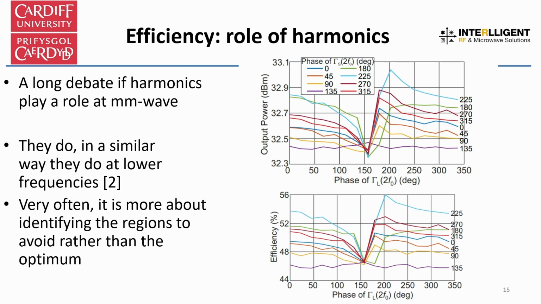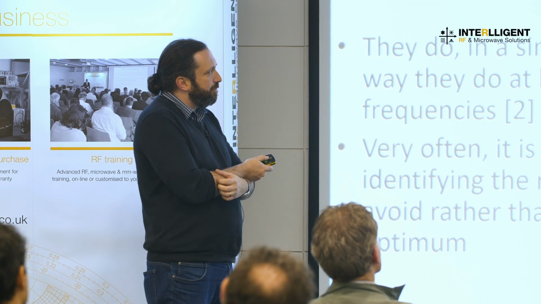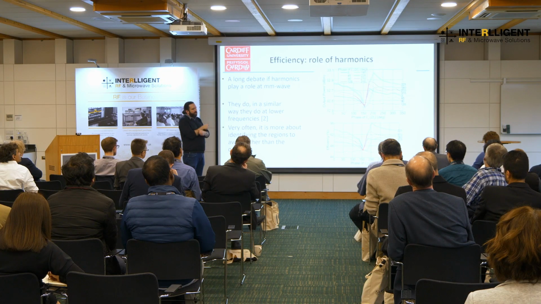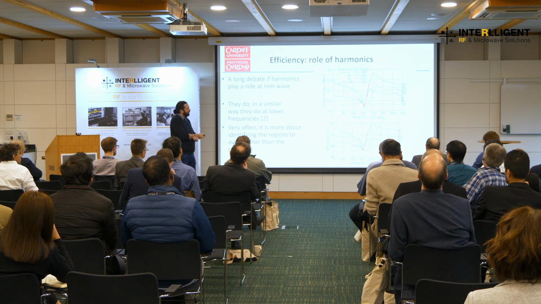You can also do harmonic control, and it very often happens that looking for an optimum of the harmonics is not very easy and not very practical, because the points where the efficiency is really spectacular are quite resonant if you consider your phase to be related to frequency, and normally it is, isn't it?